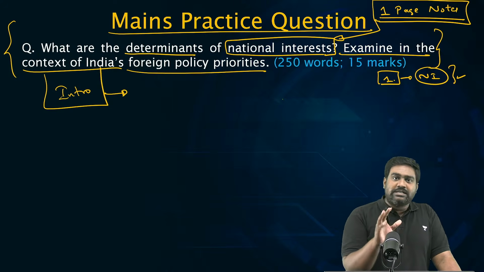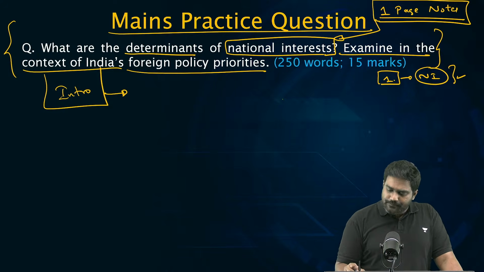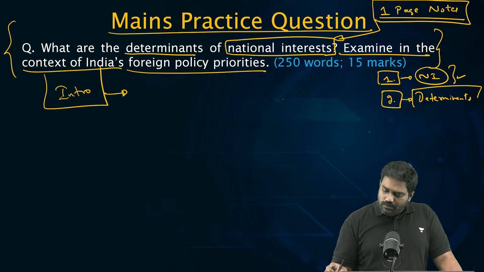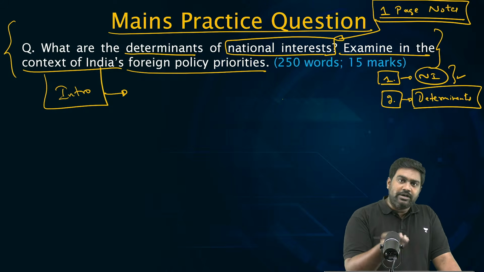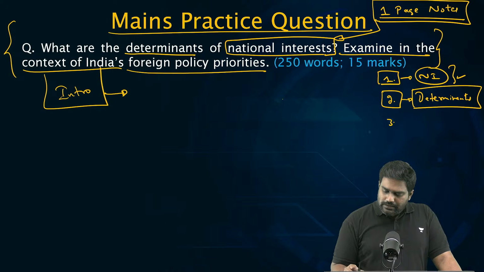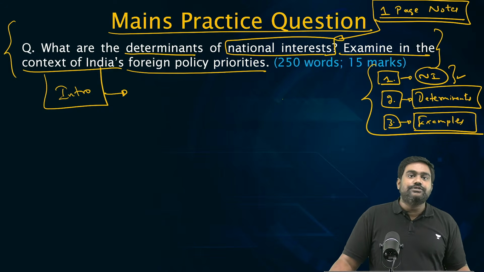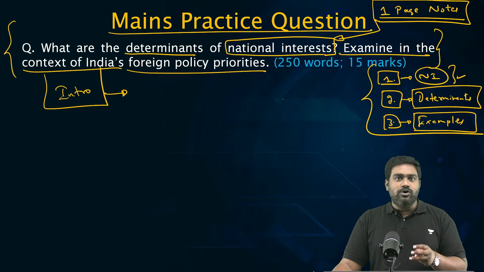So explaining what is national interest can be one part of the answer. Second, you will talk about the factors, the determinants which we have discussed. One by one, point by point, you will discuss the determinants and you will try to add examples from the Indian context to explain these determinants of India's national interests. These are the 3 parts in your question.